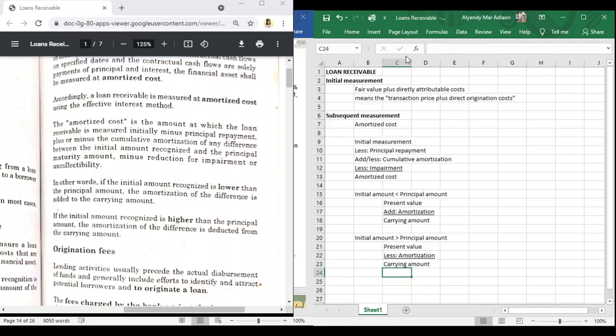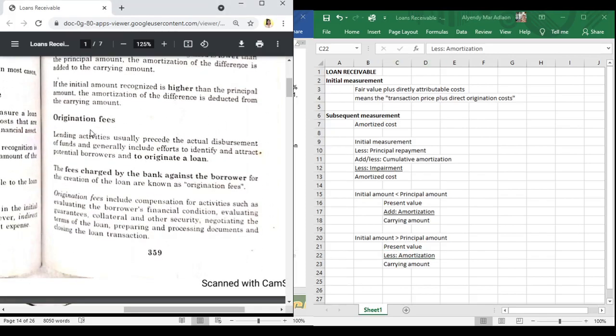So, therefore, class, we will consider whether the initial amount is higher than the principal amount or lower than the principal amount for us to know whether we need to add the amortization or deduct that certain amortization. But before the examples, let us first read the definition of origination fees.